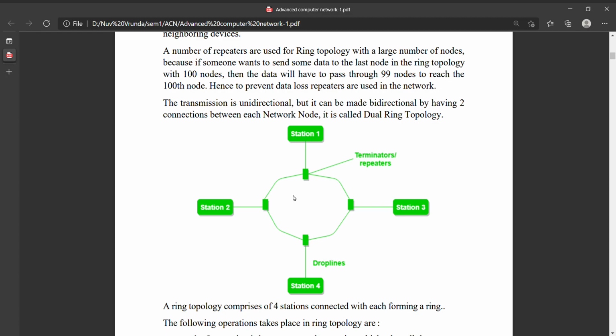The transmission is unidirectional, but it can be made bidirectional by having two connections between each network node, called dual ring topology.